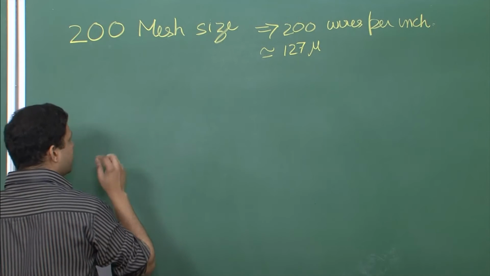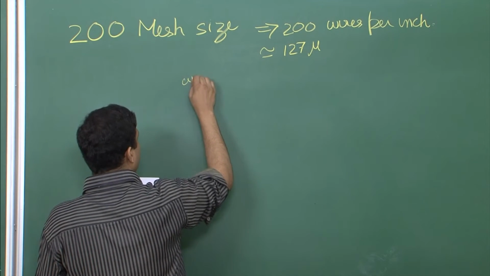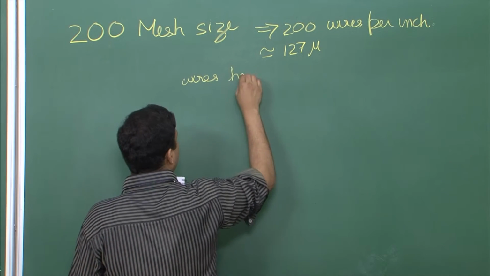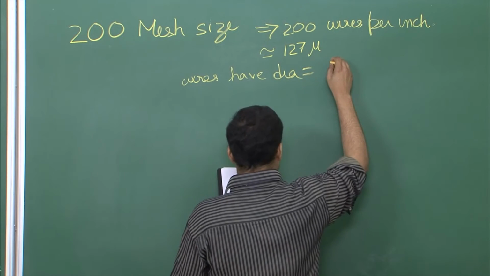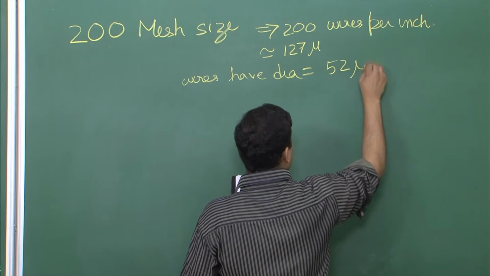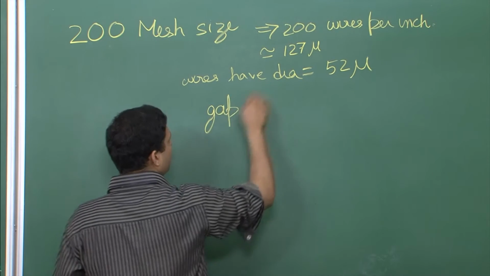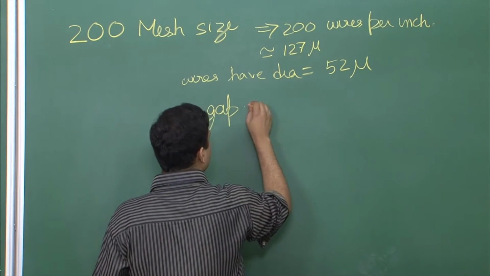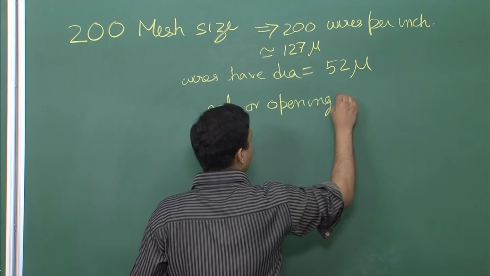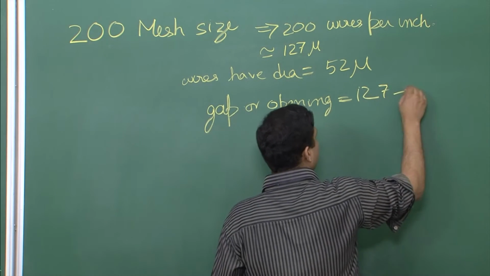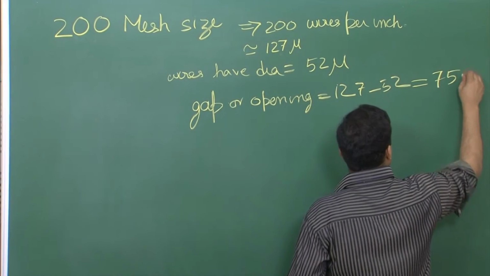But then wires itself have some diameter, and for example, let us say wires have diameter equal to 52 microns. Therefore, the gap or the opening is equal to 127 minus 52, which will be equal to 75 micrometer.